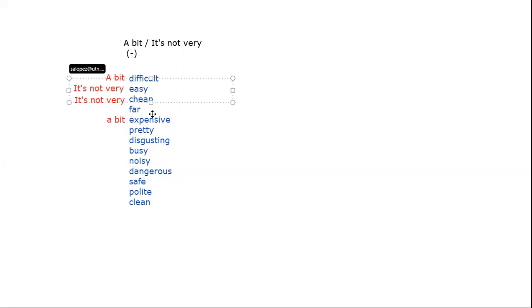What about far? A bit far. It's a bit far. Está un poquito lejos, ¿no? It's a bit far. Very good. ¿Qué pasaría si por ahí en cambio tendría el adjetivo close o near? Near, que significa cerca. It's not very near.